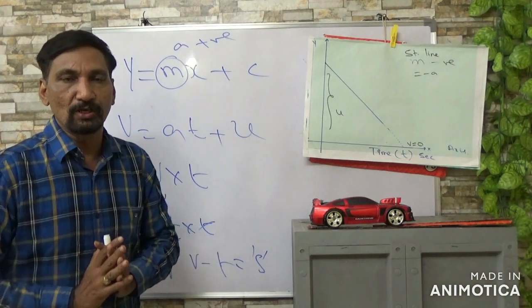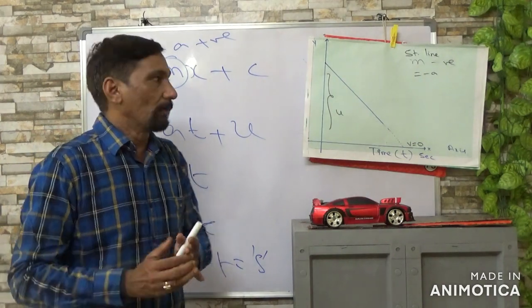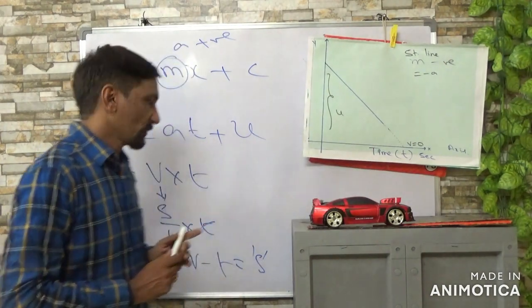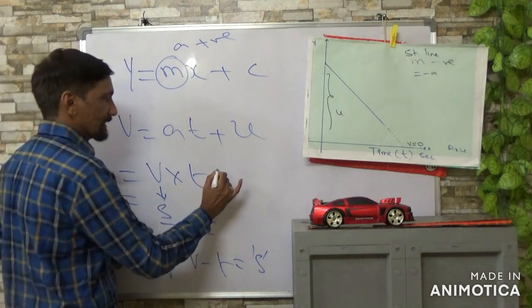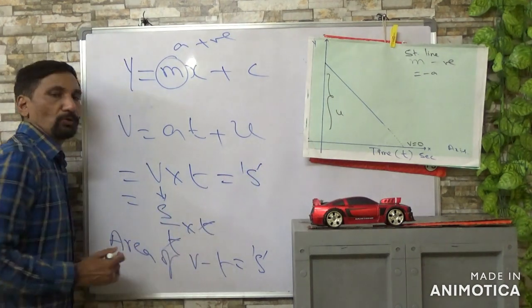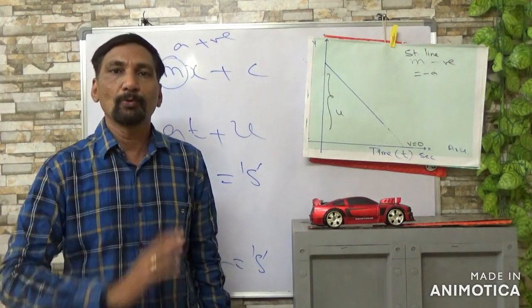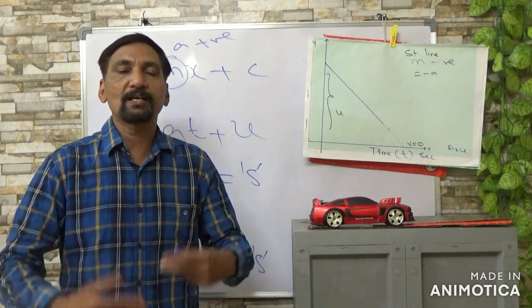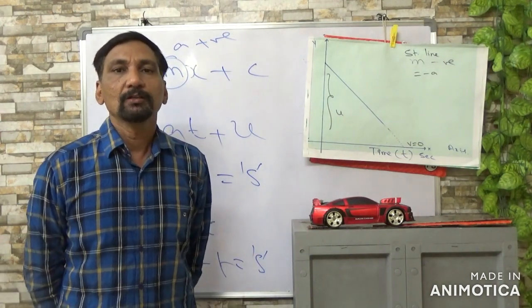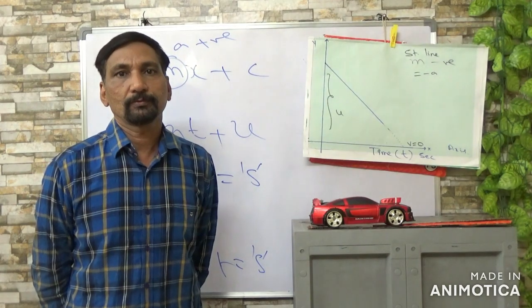So acceleration. And area covered by VT graph gives displacement. So if you know these two, easily you can solve any problem. Okay, now we'll start problems based upon this VT graph.